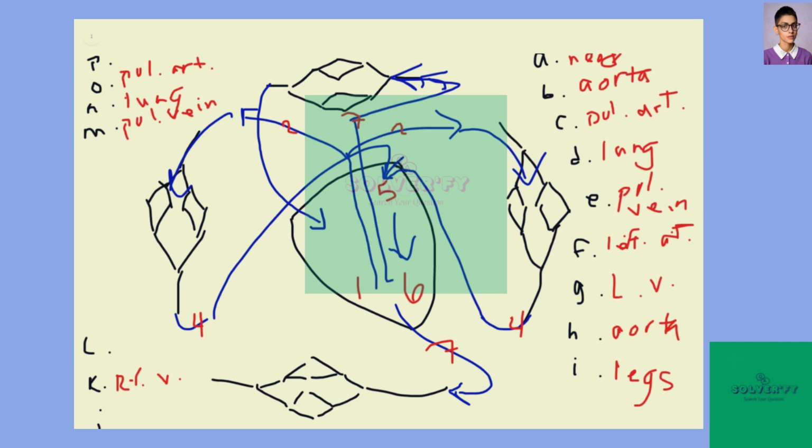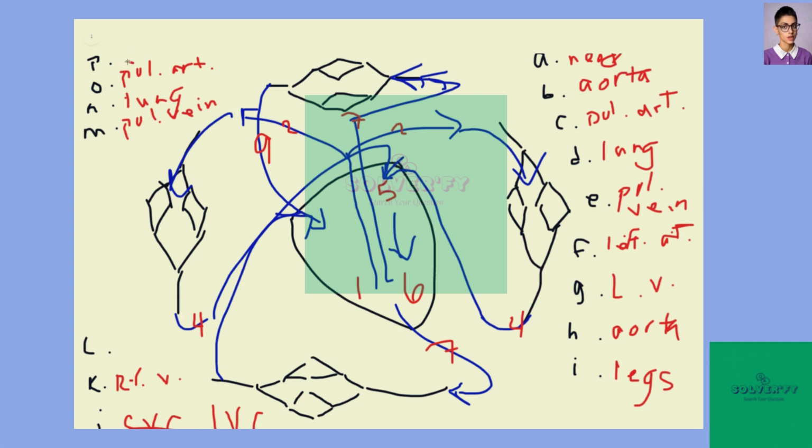And we will label this as number 9, and this structure is option J, and we'll just call it the SVC. Now, coming from your legs and abdomen, also going back to your heart, this is the inferior vena cava, or IVC, which is option, oh, I am so sorry. So option J is actually going to be the IVC, and option P is going to be your SVC.